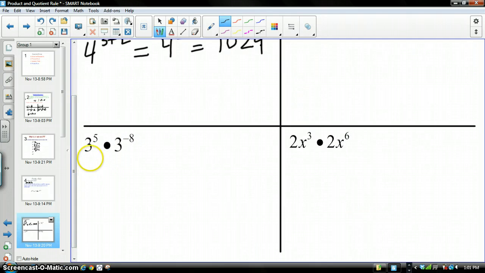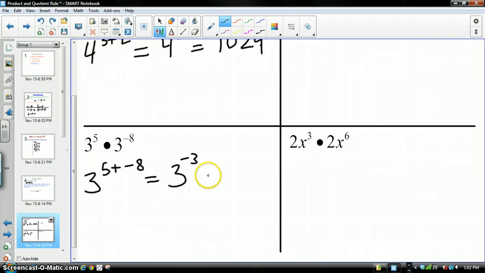In this example here, we have our base, which is 3. So we have 3 to the 5th plus negative 8. This equals 3 to the negative 3rd. So we need to get rid of this negative exponent, because remember, we do not like negative exponents.